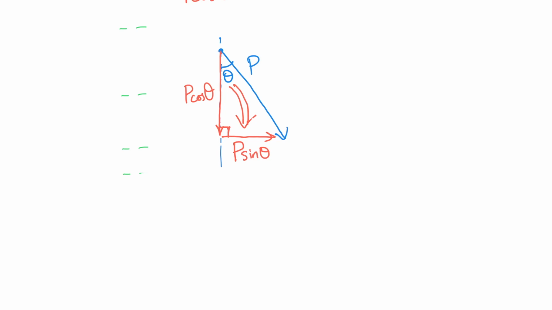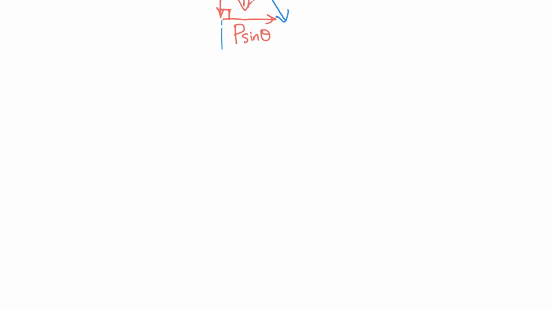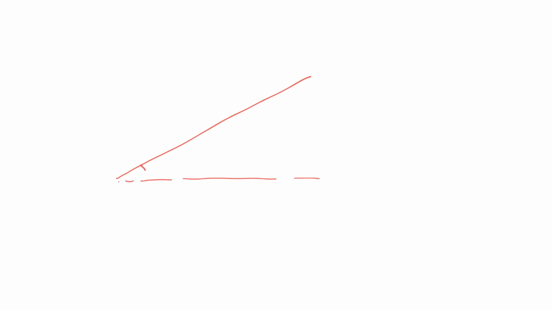Another thing, because you're doing vector resolution with me, so now we can start off with a proper structured question. Let's say I have this slope, all right, and the slope is inclined at an angle theta, and this is an object.